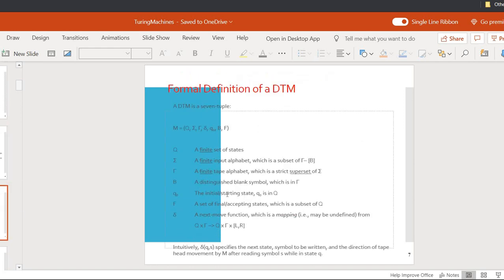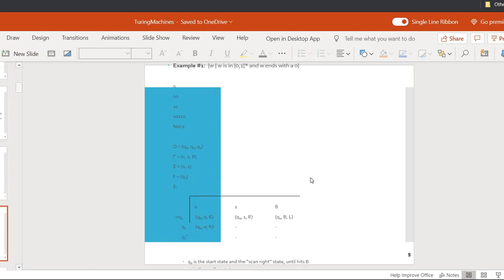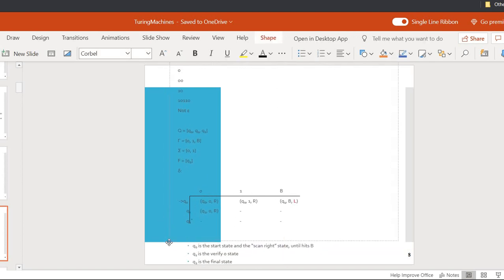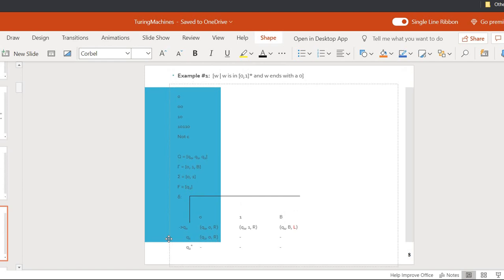Moving on to one example worth looking at. The example here is as shown: 0 to 1 star, and W ends with 0.